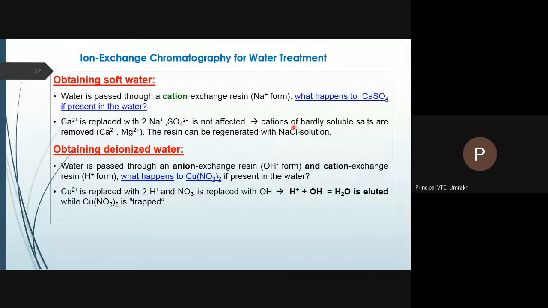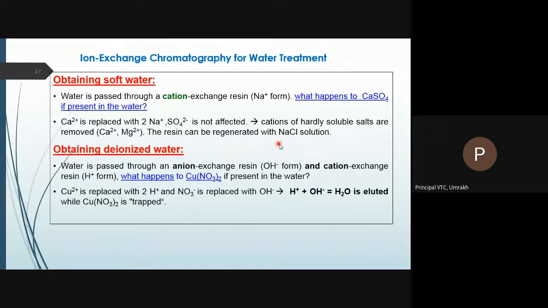These cations are hardly soluble as salt, so Ca2+ and Mg2+ can be removed from your water. Once Na+ has been replaced with Ca2+, your resin will have Ca2+ instead of Na+. So we can regenerate that resin again with a solution of NaCl.